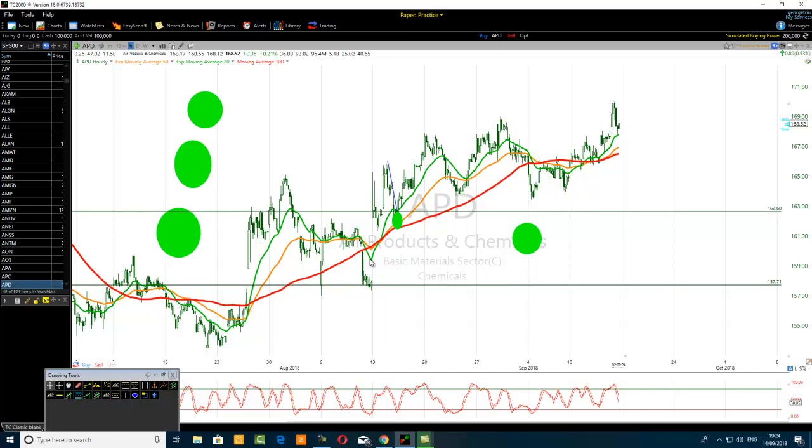When a 20 crosses above 100, or any lower-term moving average crosses above a long-term moving average, it's bearish. Cross below a long-term moving average is a bearish crossover. It's telling us that the bearish momentum may increase. I'm choosing my word, may, not definitely, may increase.